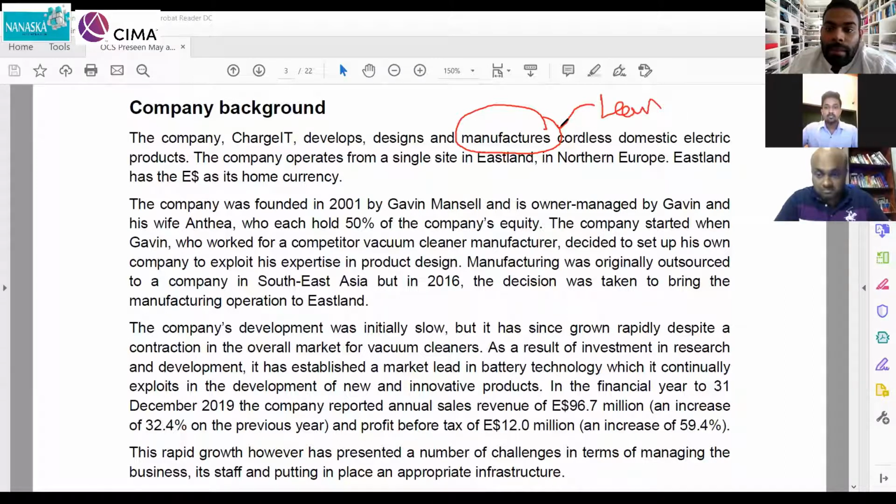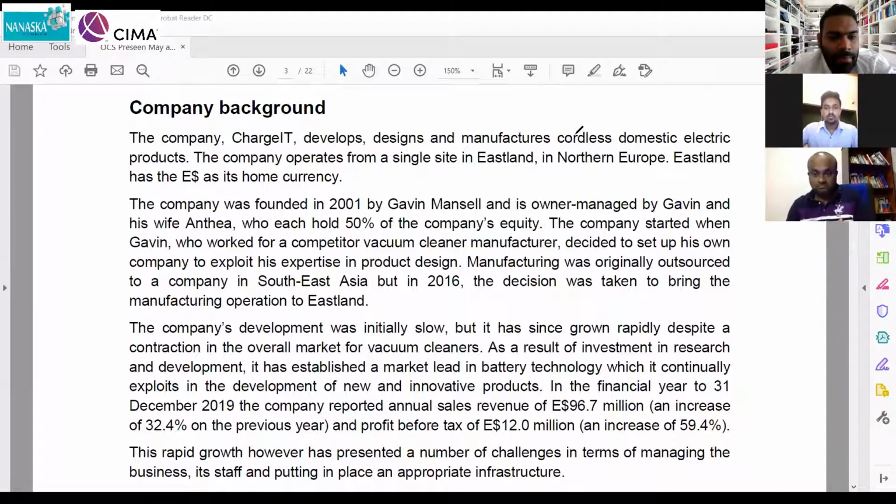Maybe they could apply different types of production systems like Kaizen, which is about continuous improvement. All these types of manufacturing operations and applications are considered in our variants and the mock exams that we will be giving you. I just want to bring that thought, and let's move on to the second paragraph and first line.